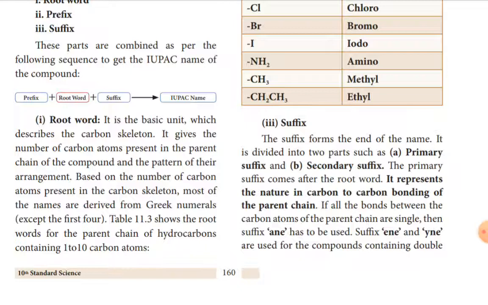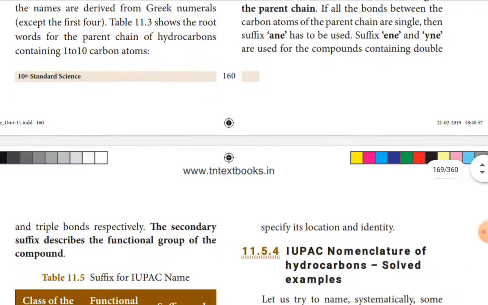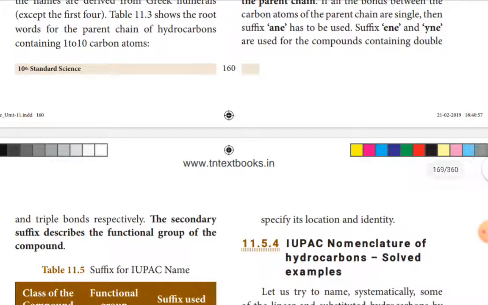Primary suffix is based on the type of carbon to carbon bonding. Single bond means ane, double bond means ene, triple bond means yne.